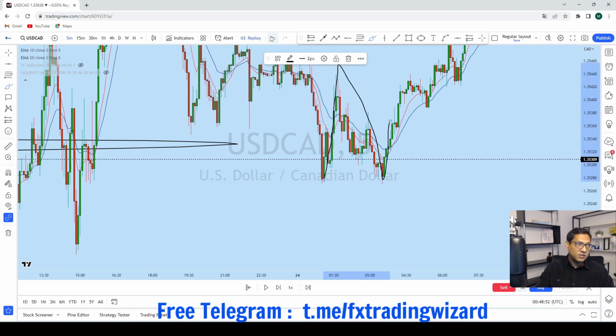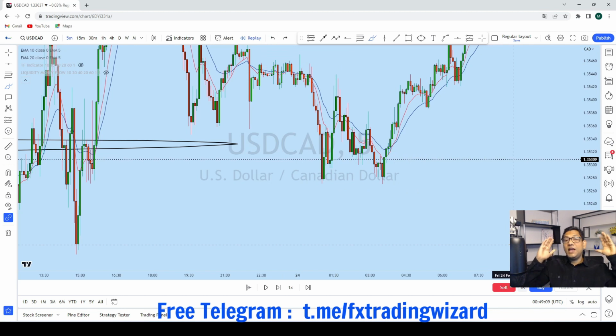What it did, see that it clearly formed a double bottom, a very textbook double bottom with a very strong rejection to the upside. Now you understand that the price has formed a double bottom, meaning that the price had a reversal. Because the price has that much of reaction and rejection and also reversal, you know that this market is likely to reverse from here.